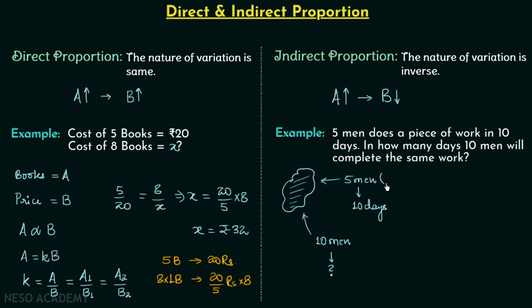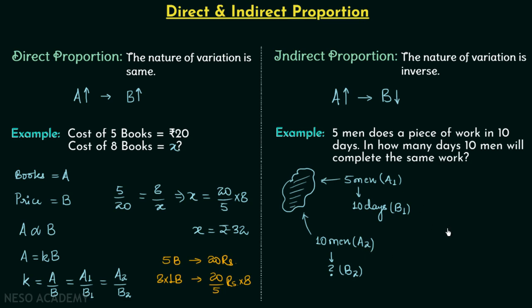So quantity A is increasing. Initially it is 5 and then it is 10. Quantity B will be decreasing. Initially it is 10 and later it will be less than 10. So A is increasing, B is decreasing, and therefore we have indirect proportion in this case.